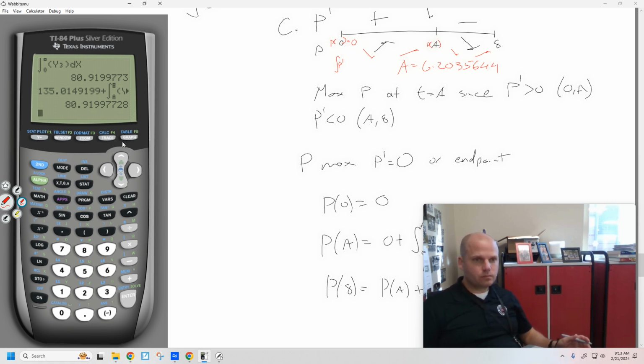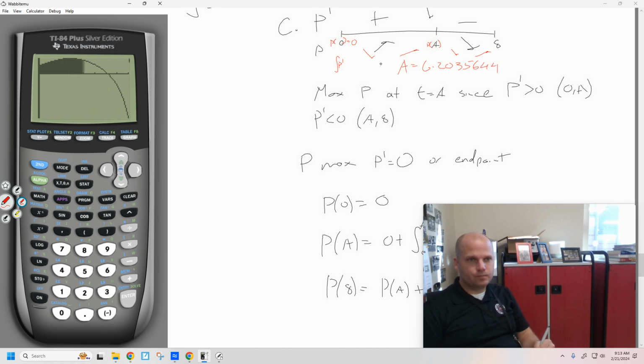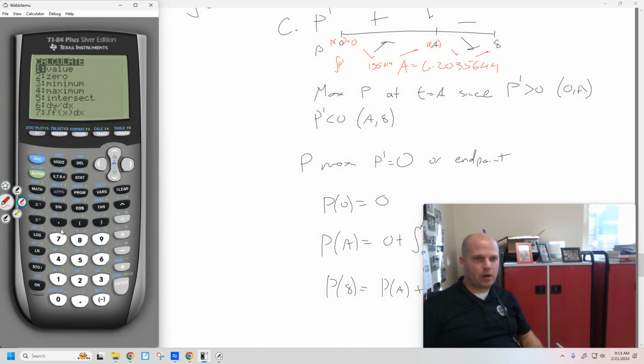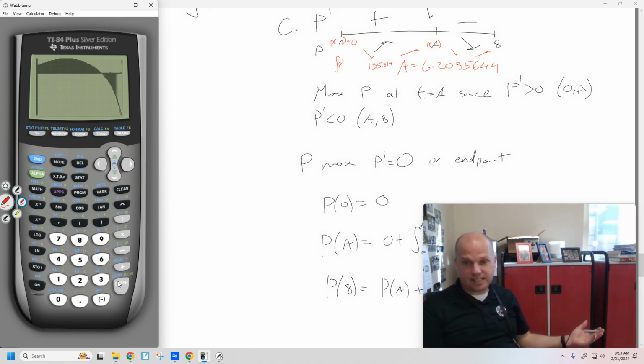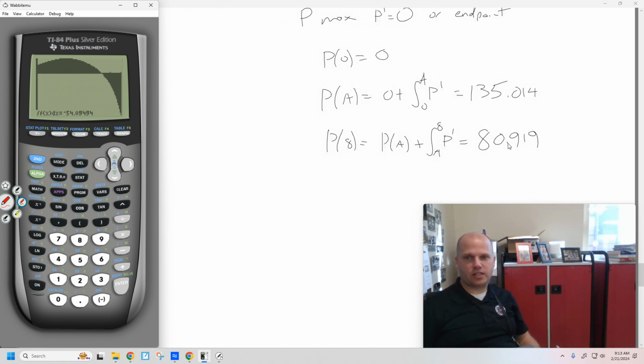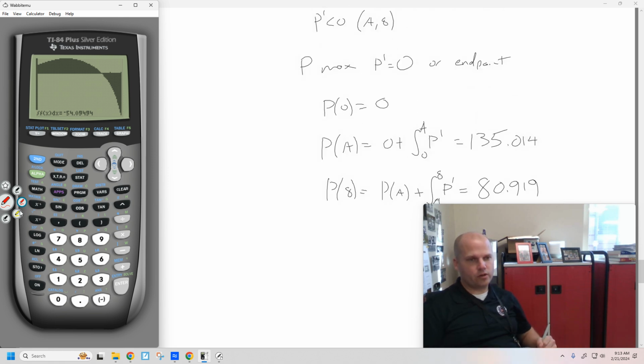Some of you are very much in the graphing part, which is fine. There's that 135 accumulation added to 0 gets you A. Many of you are still in the graphing part, which might take a little longer. It's nice to see it accumulate. You gained 135 fish, you lost 54 fish. This makes sense. Where's your max right here?